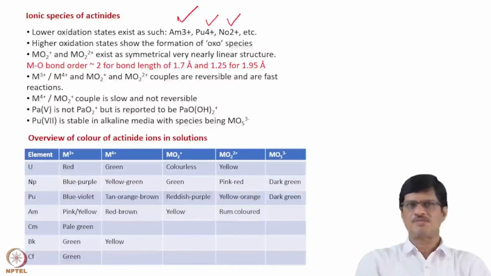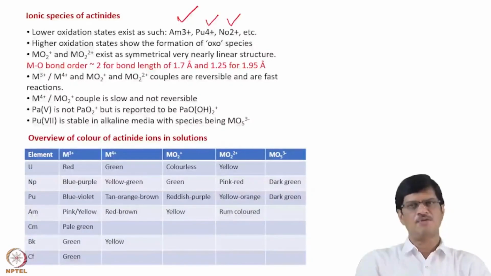Neptunium +3 state is blue purple. In the +4 state it is yellow green. The +5 state, that is NpO2+, is a green color. NpO2 2+, the neptunium +6 oxidation state, is pink red, and the anionic species of neptunium +7, that is NpO5 3- in alkaline medium, is dark green.